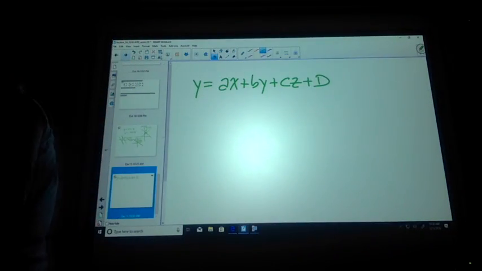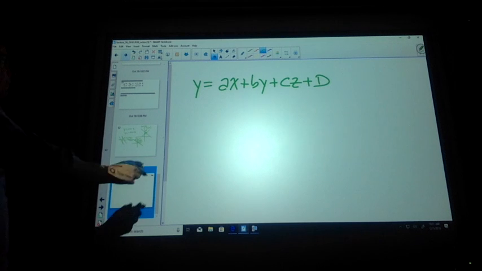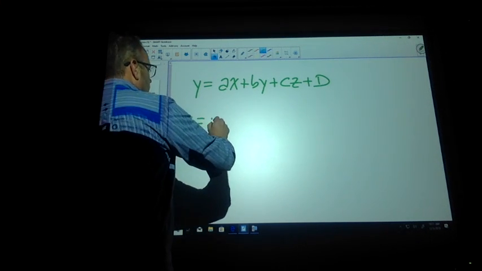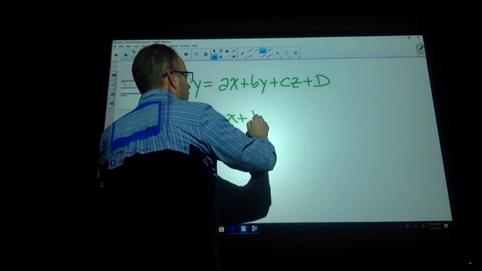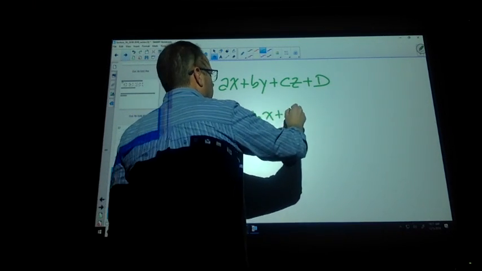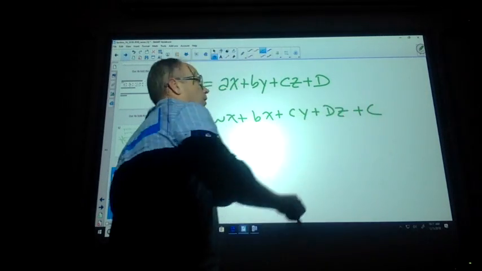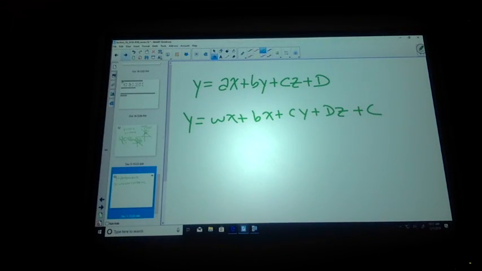Now you're talking about a three-dimensional line, okay, XYZ axis. Let's go further. So now you're talking about a line that exists in the fifth dimension.